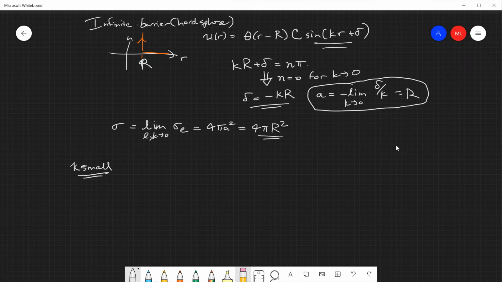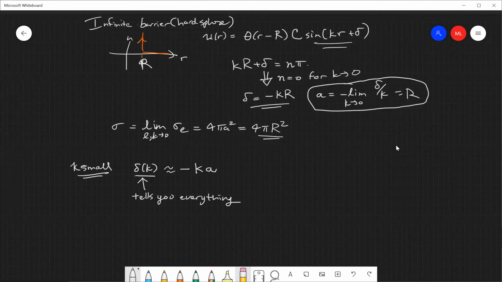And again, this tells you everything about scattering. Remember, that's the thing that determines everything about your solution of the Schrodinger equation. So again, what we've been looking at just now is when we approximate this by minus k times the scattering length.